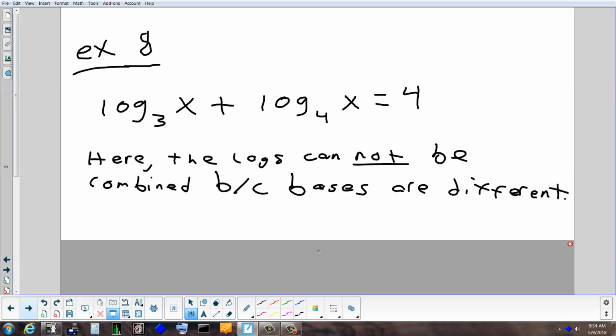Doesn't mean you can't solve it. You still can solve it, but not quite the way that you would think by combining the logarithms. Okay, so any questions why you can't combine logs there? That's all I want you to understand.